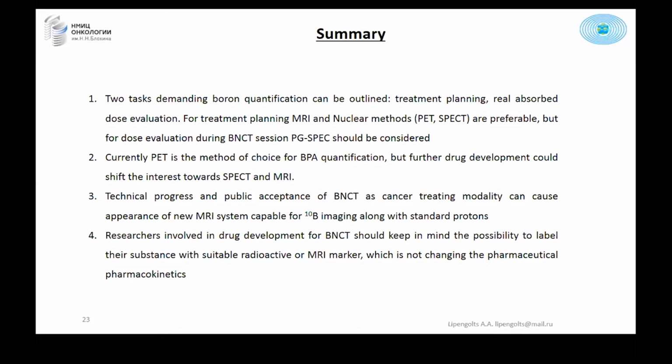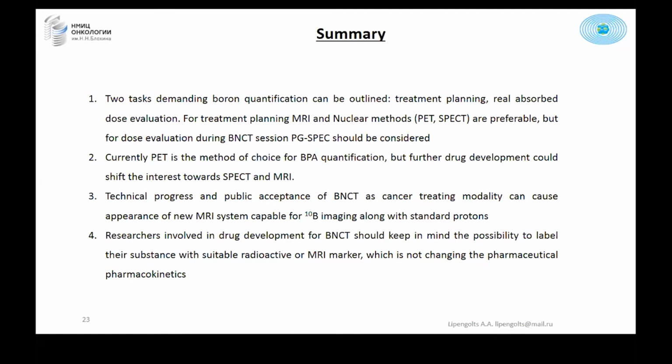Currently, PET is the most used method for BPA quantification. However, further drug development, implementing maybe nano drugs, boron-containing nano drugs, can shift the interest toward single photon emission tomography as well, and maybe MRI.